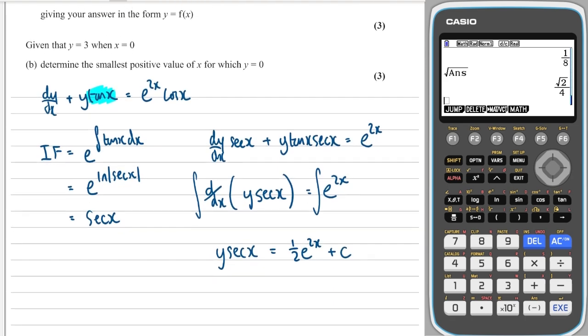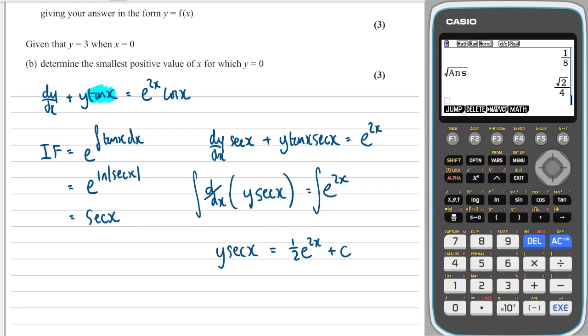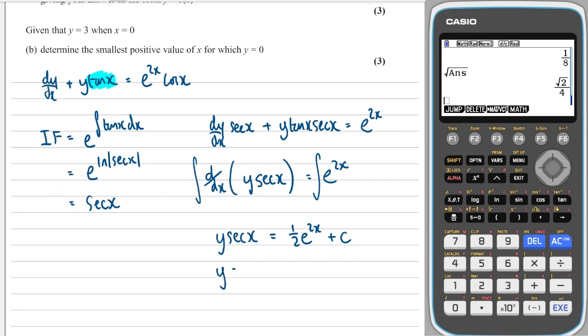We want our answer in the form y is equal to f of x, so we write y is equal to, now I'm dividing here by sec x, but dividing by sec is the same as timesing by cos, because they're reciprocals of one another. So I can write 1/2 e to the 2x cos x plus c cos x.